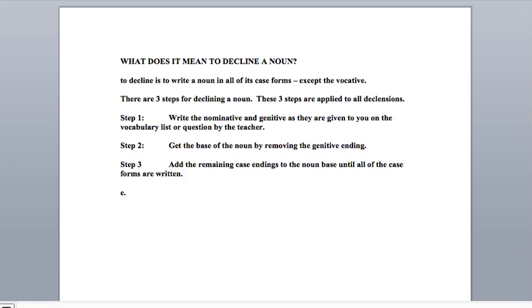Let's take a look at an example. Regina, reginae, is the Latin word for queen.